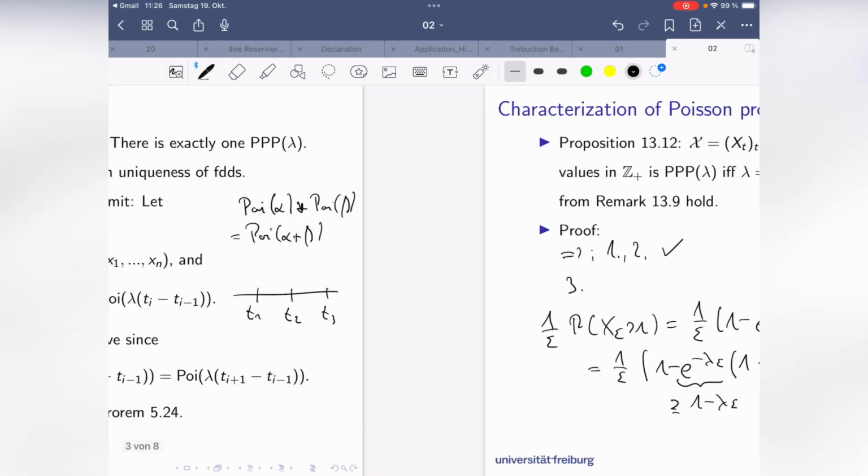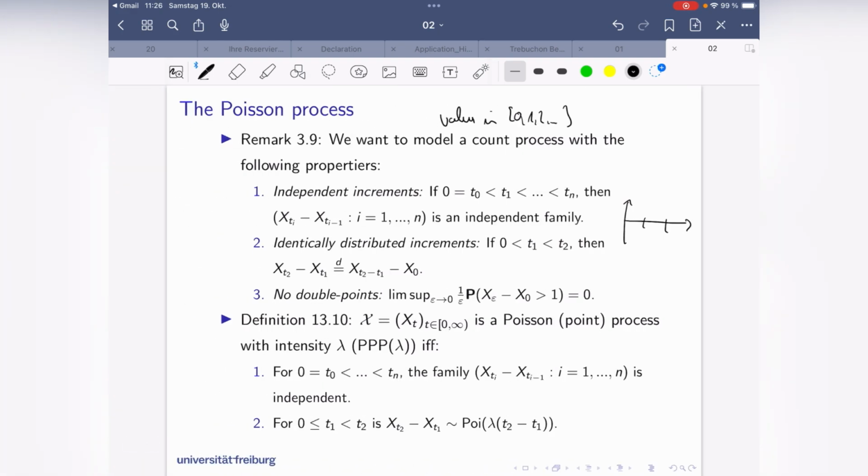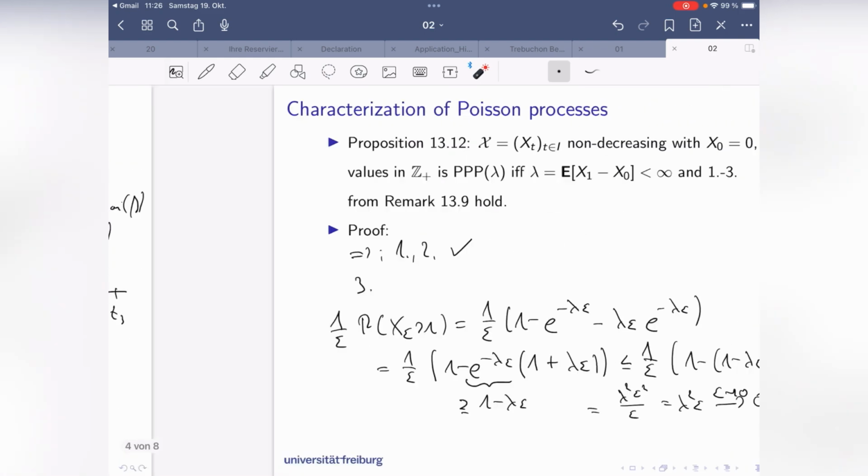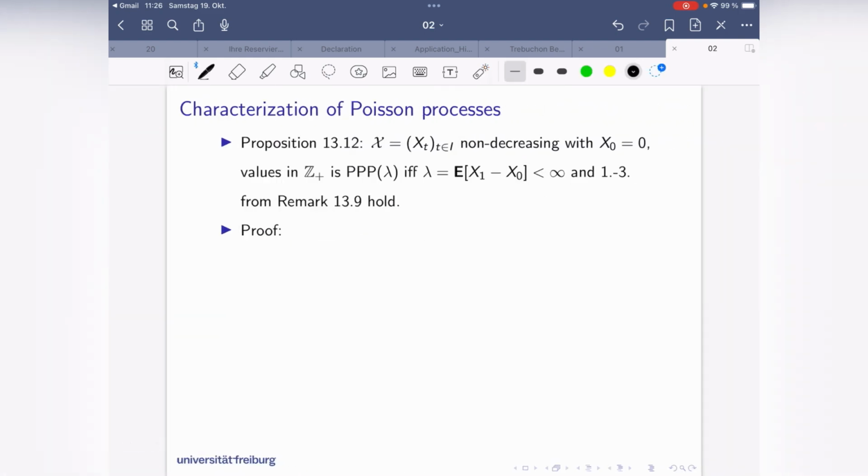So the first property, independent increments, well, that's the same as the first one here. So from right to left, the first property is okay. We have to show that xt has a Poisson distribution with parameter lambda t. Then we are basically done.